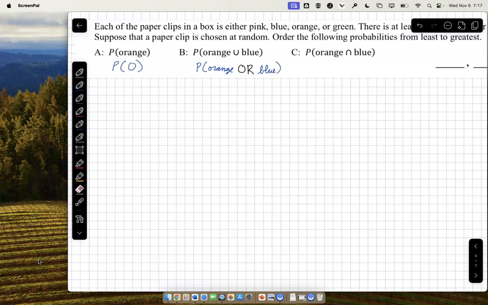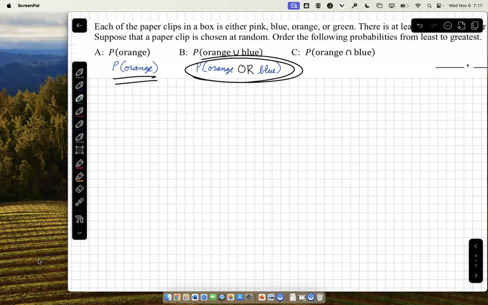If I want just the probability of orange, and I want to compare it to the probability of orange or blue, well, the probability of selecting an orange or a blue paperclip has to be larger than just selecting an orange.